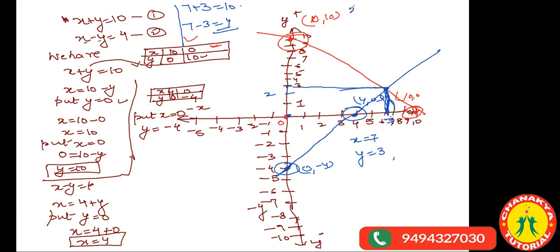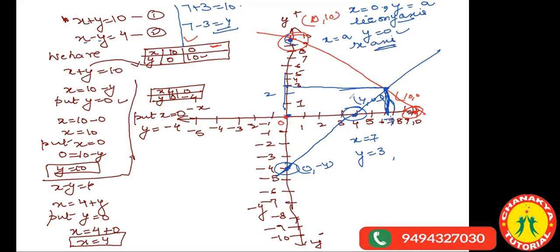See, children, when x is 0 and the value of y is given, then it will lie on the y-axis, like this only. When x is 0 and y was 10, so it will lie on the y-axis. Now when x is given and y is 0, then it will lie on the x-axis. Clear, beta?